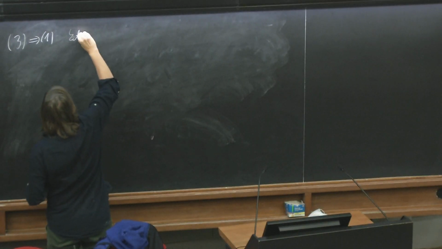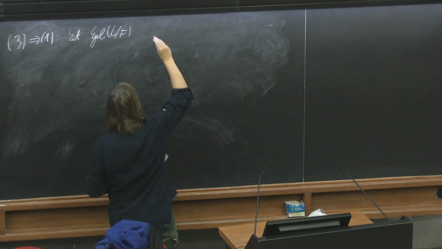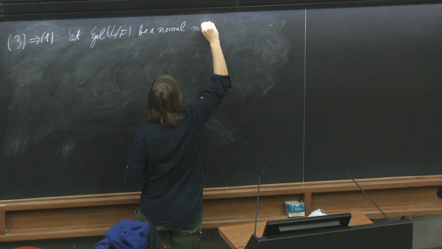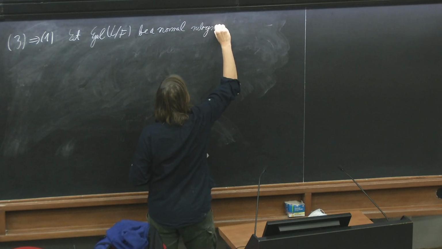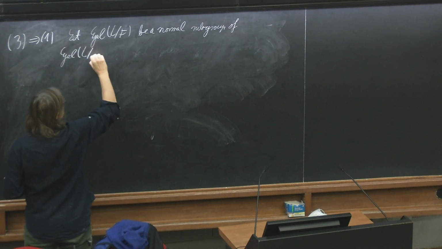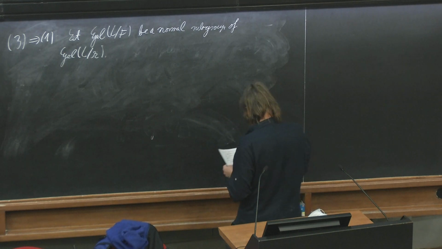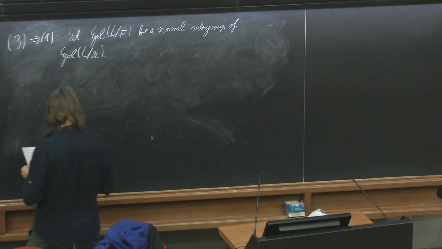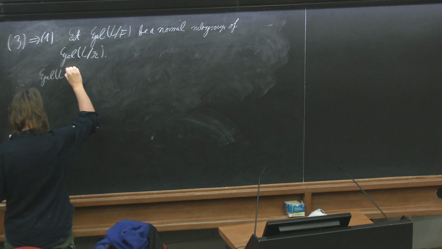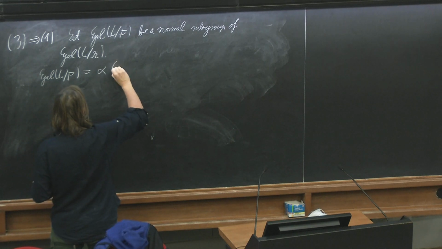We assume that the Galois group of L over F, for some intermediate field F, is a normal subgroup of the Galois group of L over K. So then we know that the Galois group of L over F is equal to alpha conjugated.